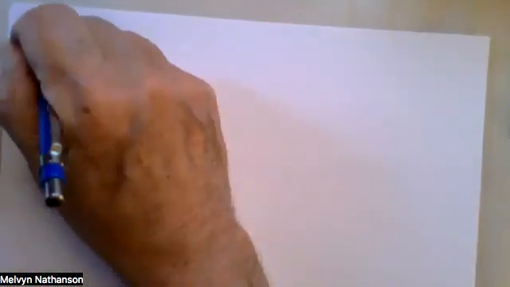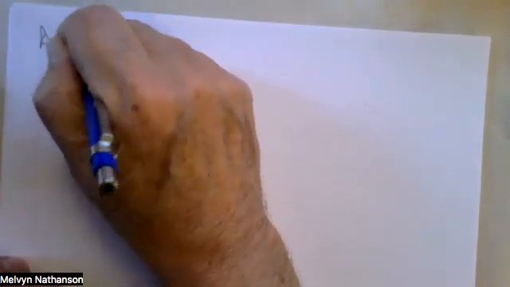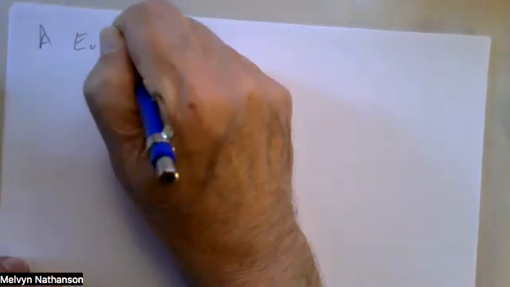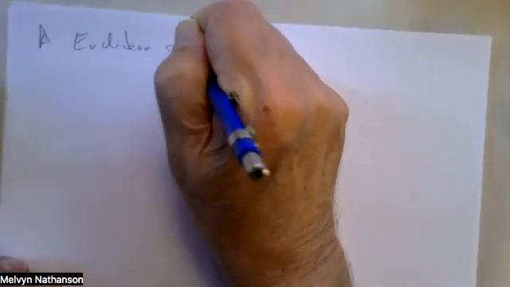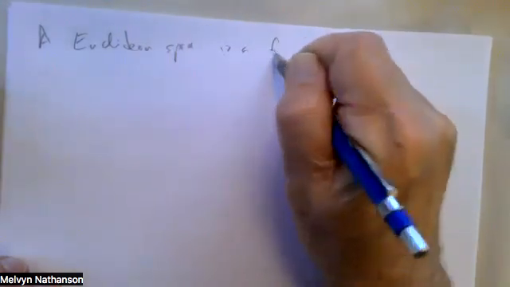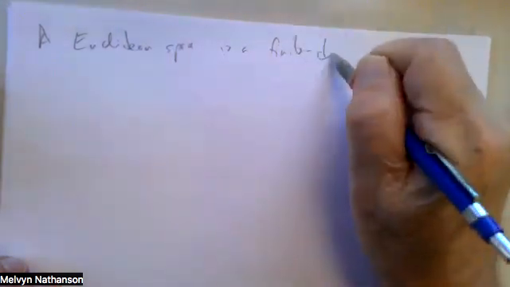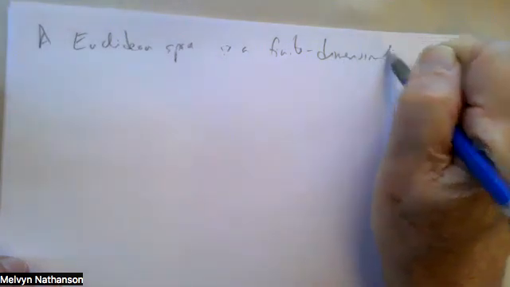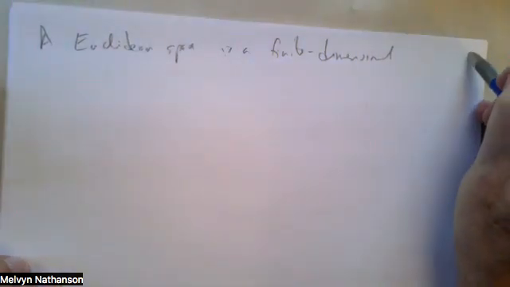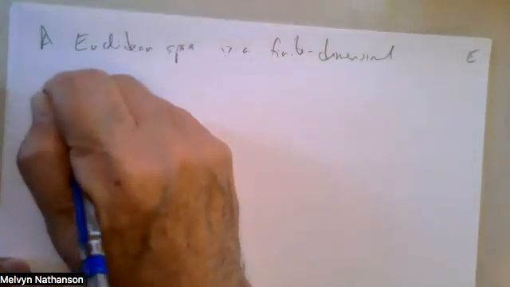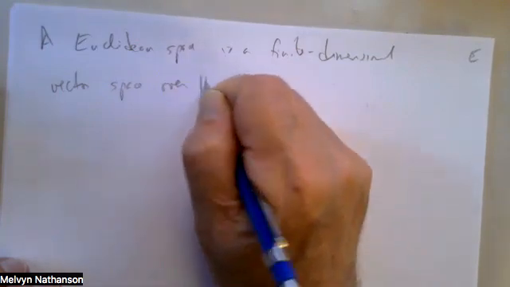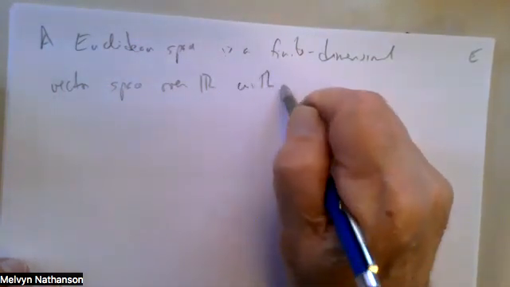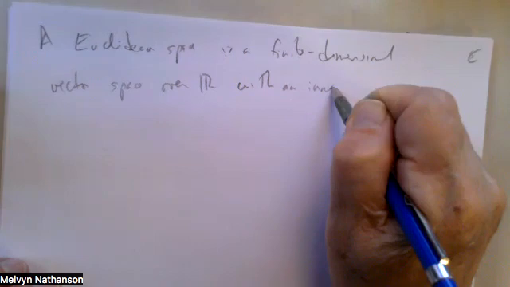And what is often called a Euclidean space is a finite dimensional vector space over the field of real numbers with an inner product.